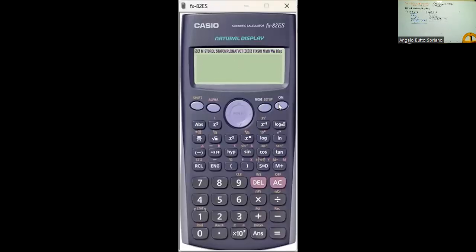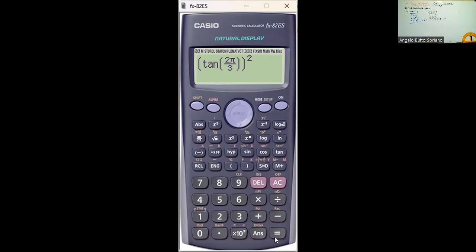If you really want to check that answer, we apply parentheses, tangent of 2 pi over 3, close parentheses, elevated to the second power, and the result will be positive 3.